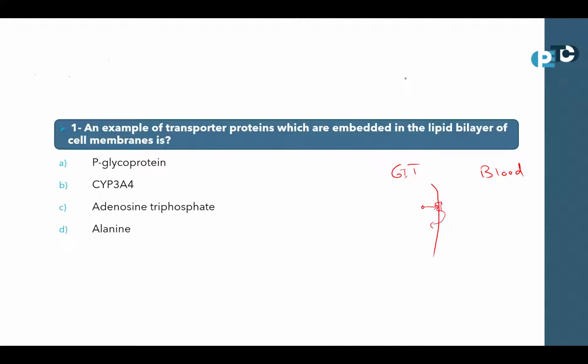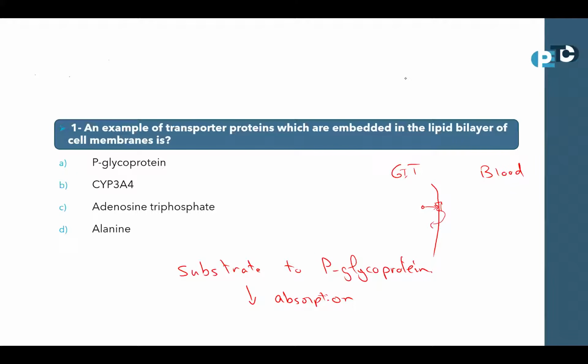then reject its absorption, making it go back to the GIT and decreasing the absorption. So when we mention that any substance is a substrate to P-glycoprotein, it means that its absorption will be affected by P-glycoprotein and will be decreased. So what is the impact of that?